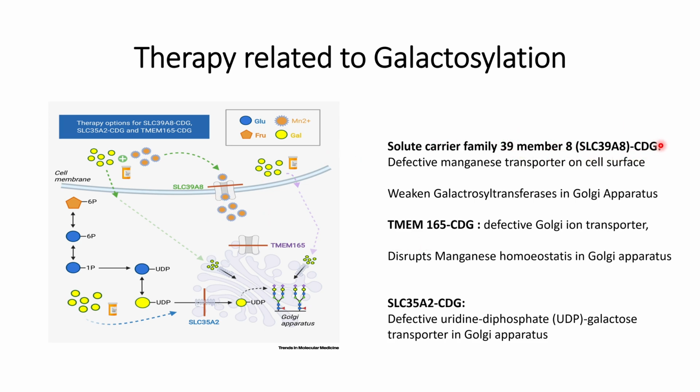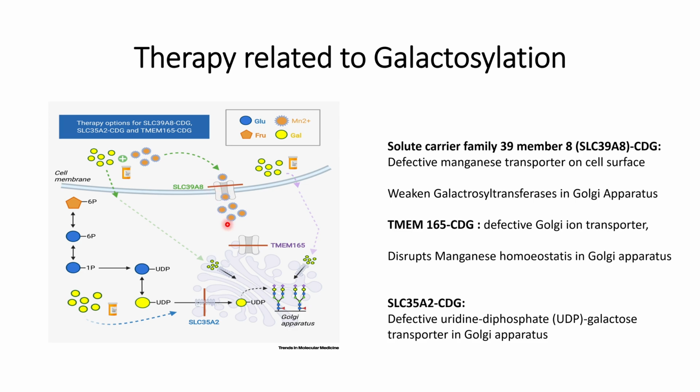First disease is called SLC39A8. Its full form is solute carrier family 39 member 8 CDG. This problem mainly occurs when the cells have an impaired transporter for manganese sulfate.